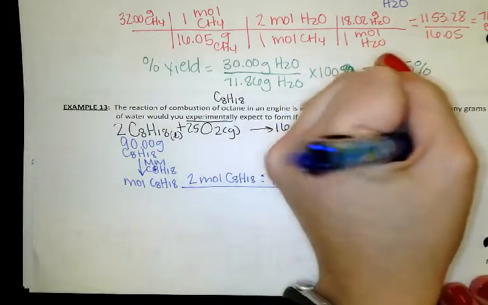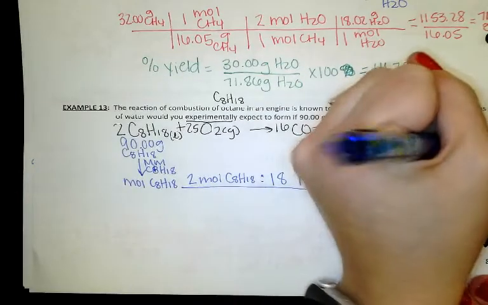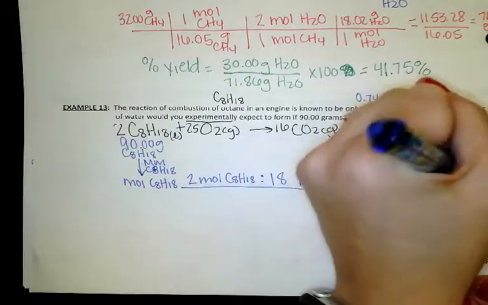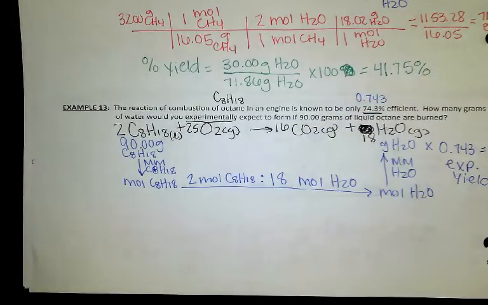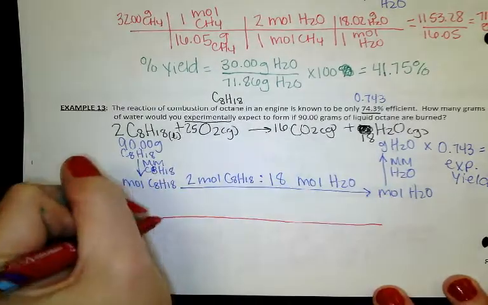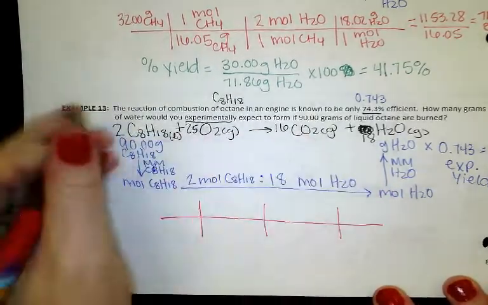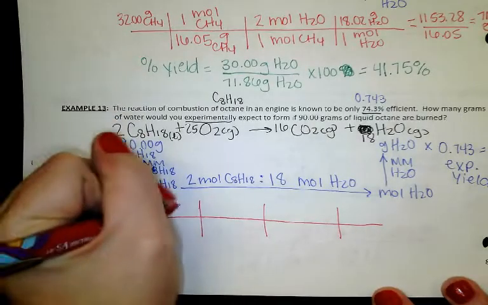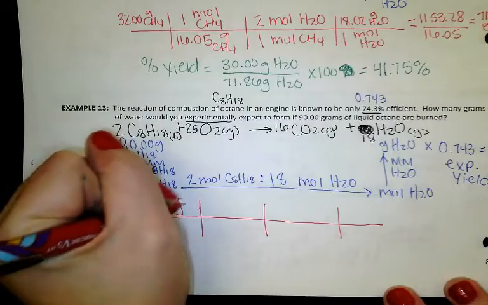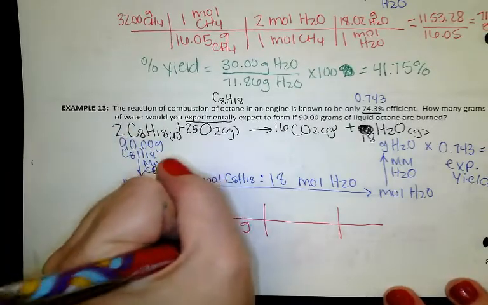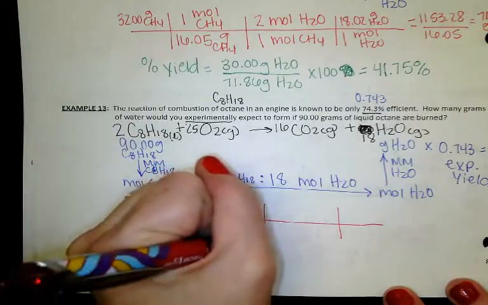Okay. So, let's calculate. So we got 90.00 grams of octane. Okay, so grams of octane is going to go on the bottom. We need to calculate that molar mass. So 8 times 12.01 plus 18 times 1.01.